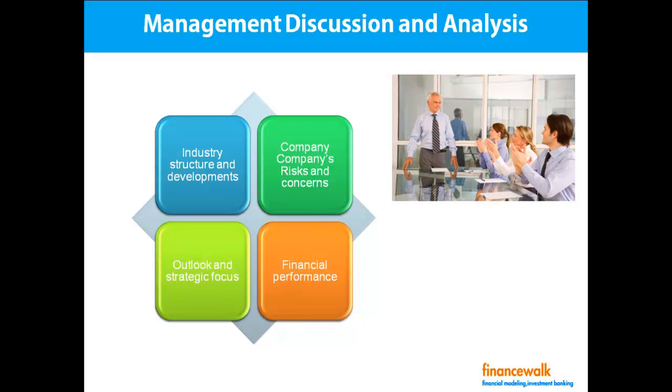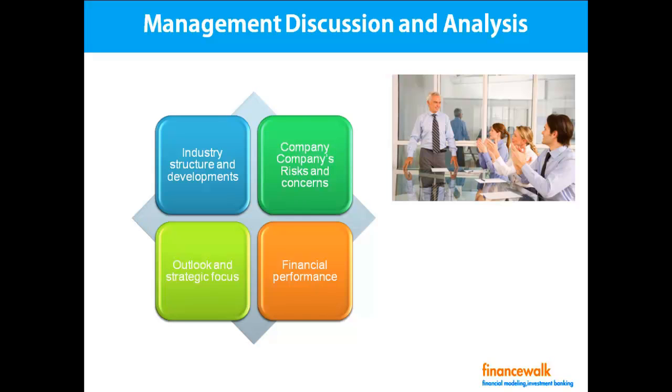Fourth point is financial performance. Financial performance, for example, share capital, reserves, fixed assets, investments, sales, depreciation and profit. So you want to see a snapshot or more details about financial performance, you will see at one place in management discussion and analysis. Okay, all right.